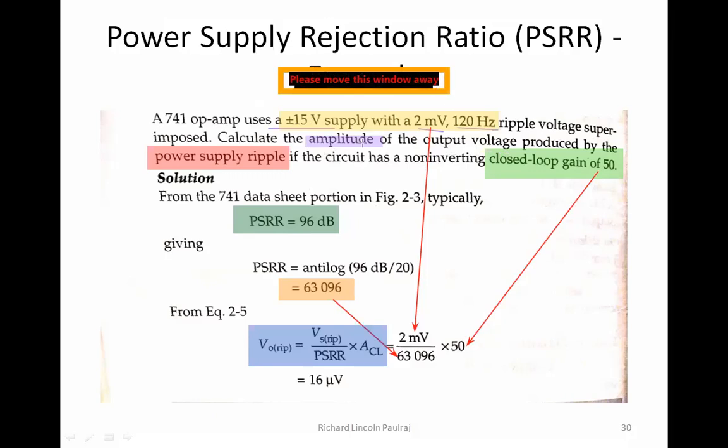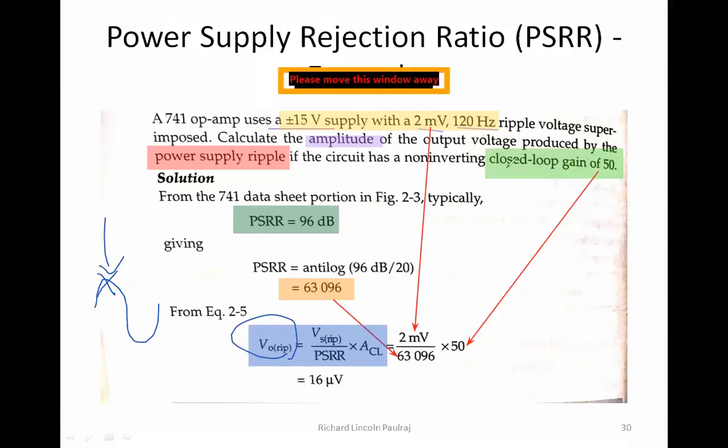It actually refers to the waveform. When you draw the waveform, this section refers to my amplitude. The output voltage produced by the power supply.